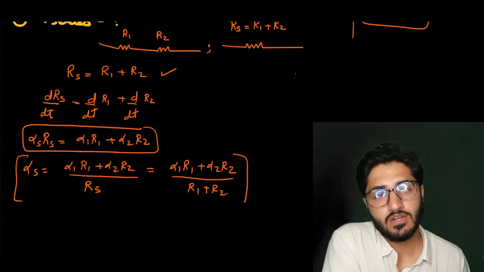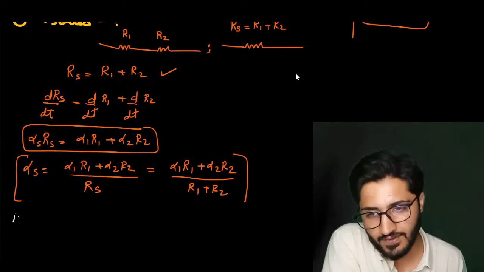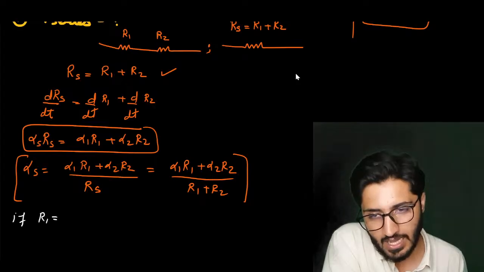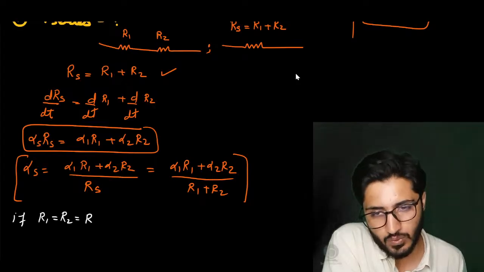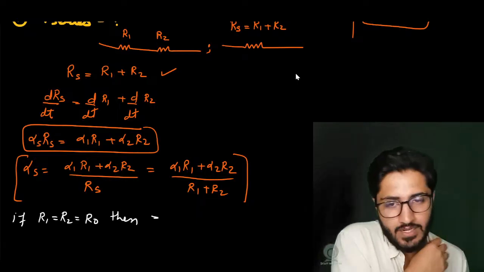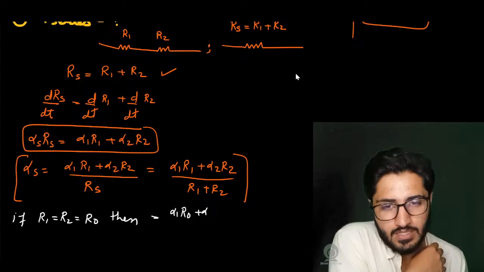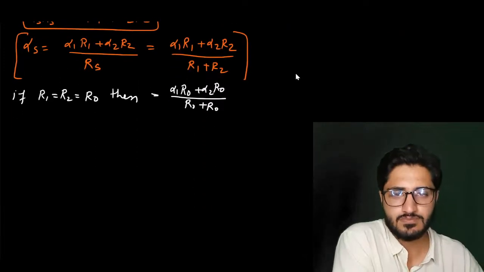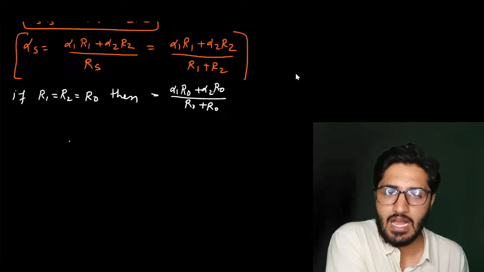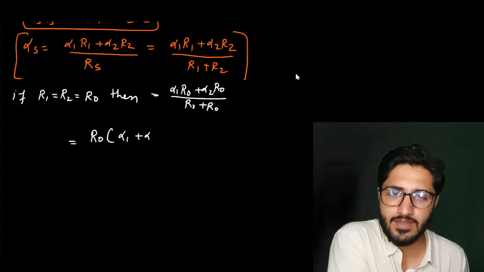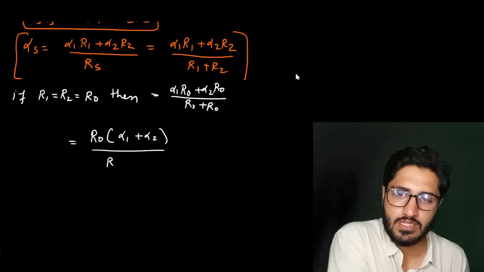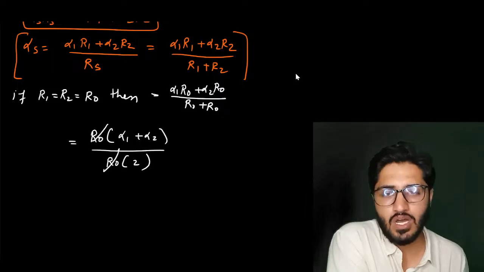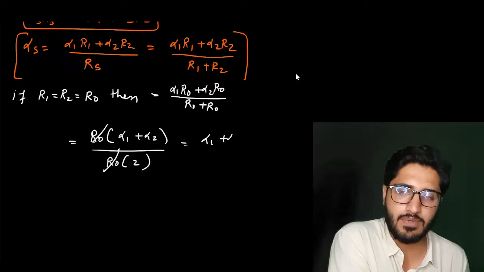Done? Look, important thing. If R1 equals R2 equals R0, then alpha_s equals (alpha 1 R naught plus alpha 2 R naught) divided by (R naught plus R naught). Taking R naught common, alpha 1 plus alpha 2, over R naught into 2. R naught cancels out, so it is (alpha 1 plus alpha 2) by 2.